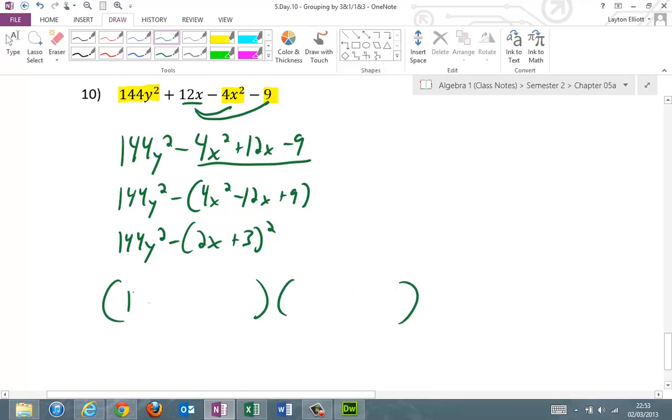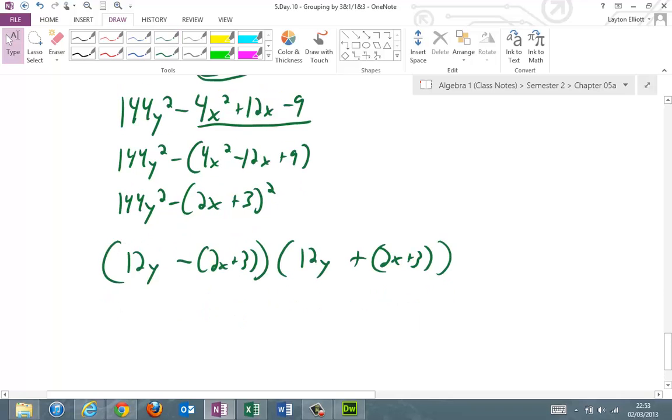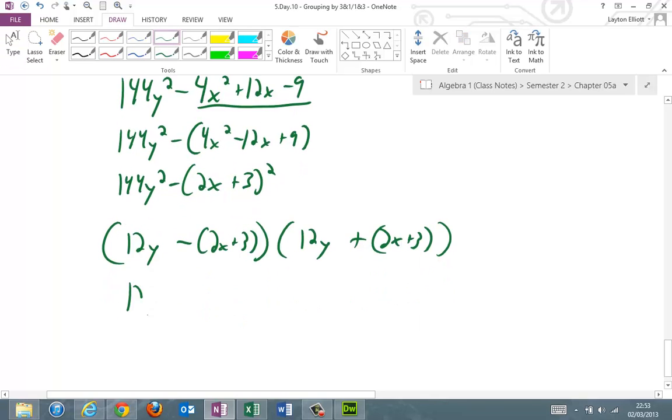The first term would be 12y, plus minus, or minus plus. Let's make that bigger. And then 2x plus 3 and 2x plus 3, parentheses on both. Last step, distribute your negative, 12y minus 2x minus 3, and then 12y plus 2x plus 3.